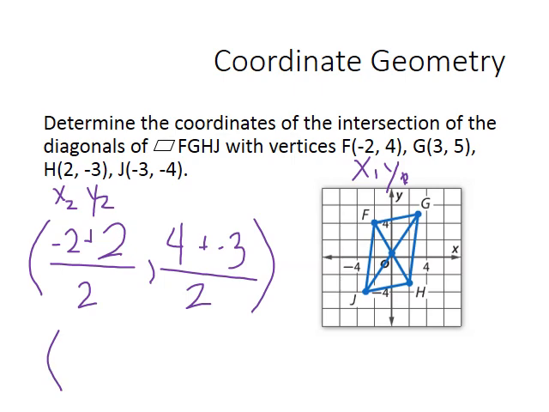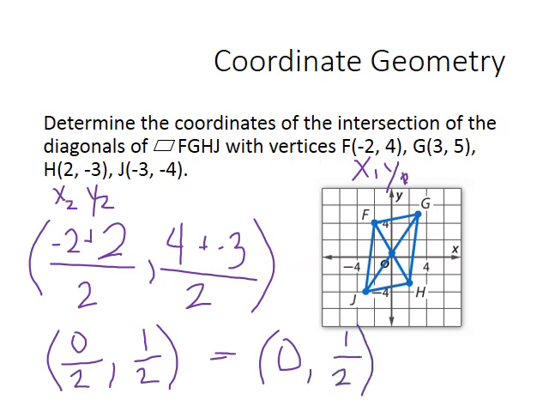So we've got negative 2 plus 2, or 0, over 2 for x. 4 plus negative 3, that's the same thing as subtracting, so 1 over 2. And finish simplifying. 0 divided by 2 is just 0. 1 over 2 we can keep as 1/2, or if you want to write it as 0.5, that's fine too. But there is our intersection of the diagonals.